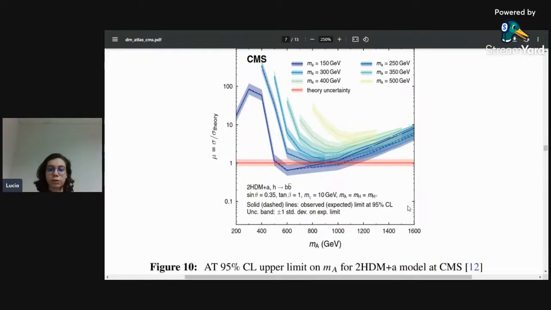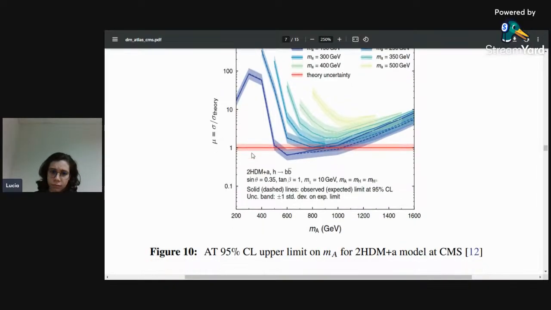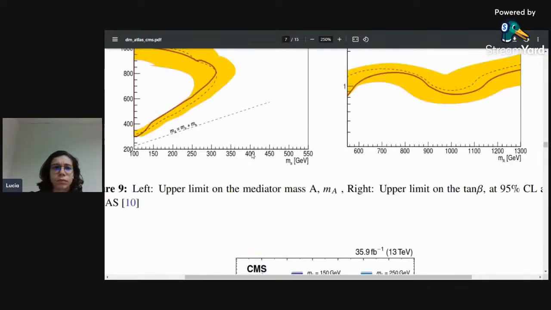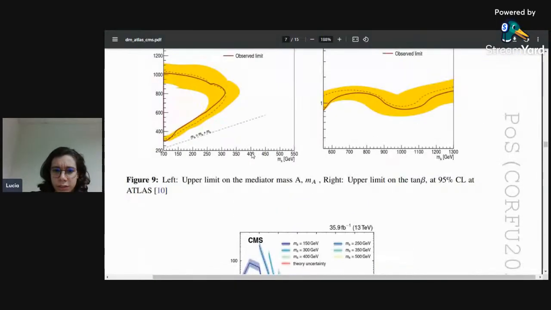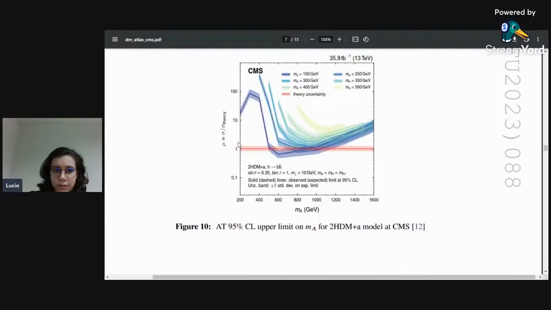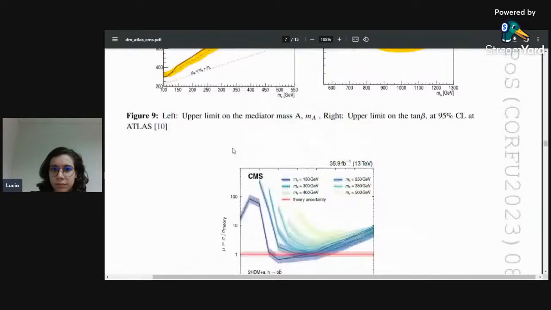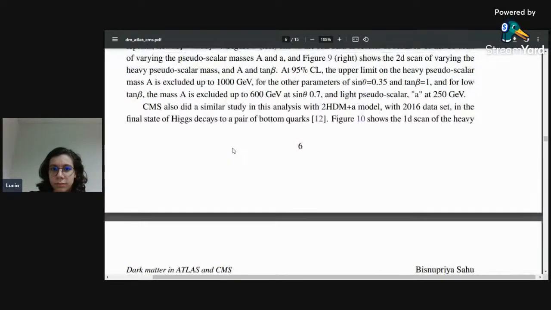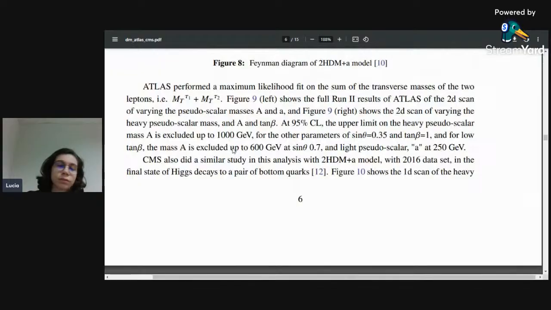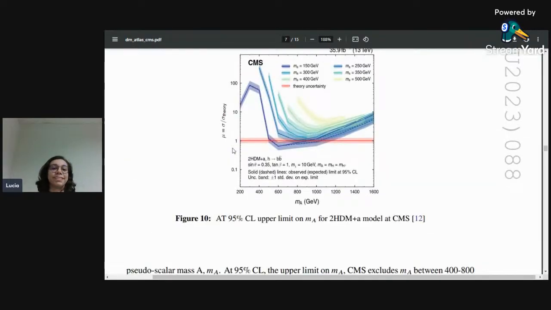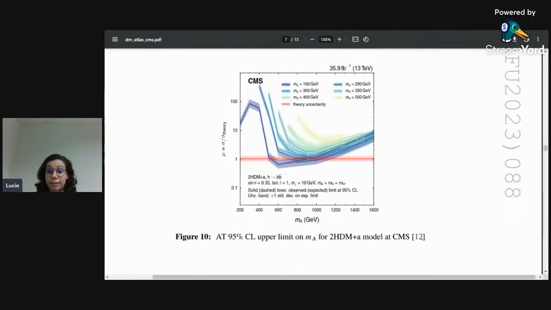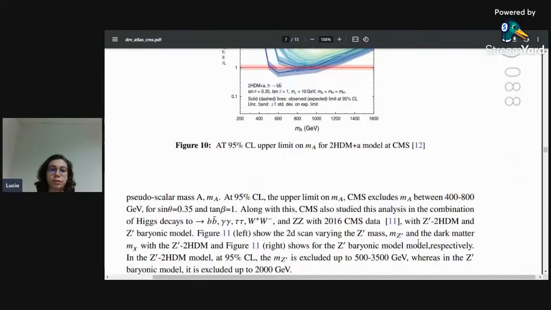So in this plot, they constrain the cross section of. I'm sorry. Let me check which cross section this is. Oh, they will not tell you here. No, below they will not say.